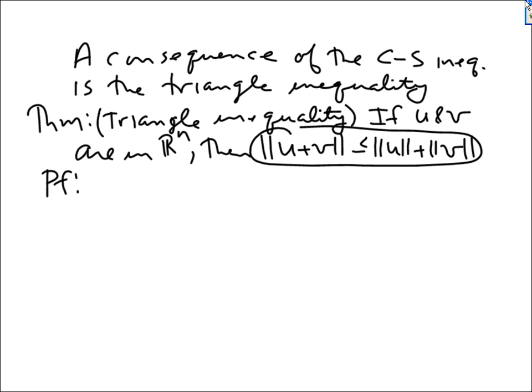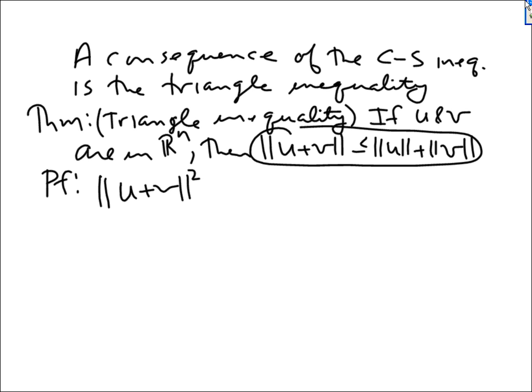I suspect that the motivation to prove this triangle inequality was that we knew that it was true in R2. Okay. So the proof goes as follows. Consider the length of u plus v squared.